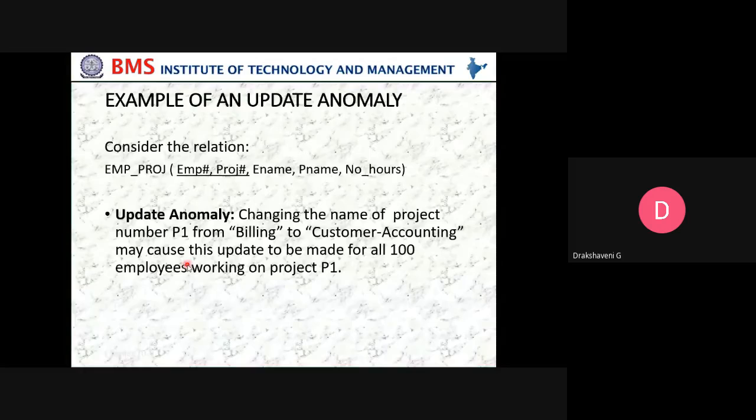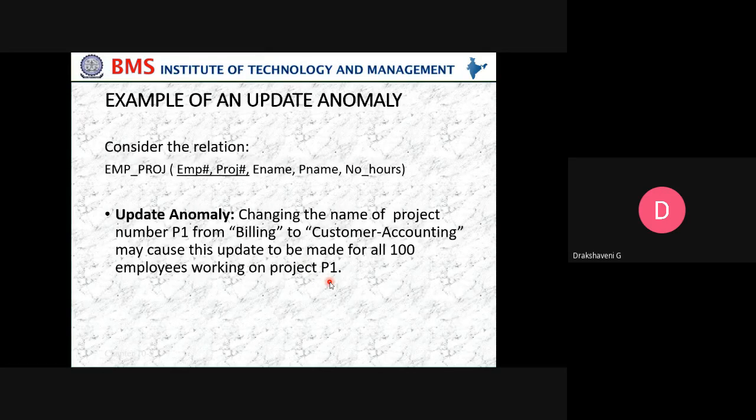An example of an update anomaly: consider the relation employee project, with E name, P name, and number of hours. If we update this, changing the name of the project P number from billing to customer account may cause this update to be made for all 100 employees working on the project P1.